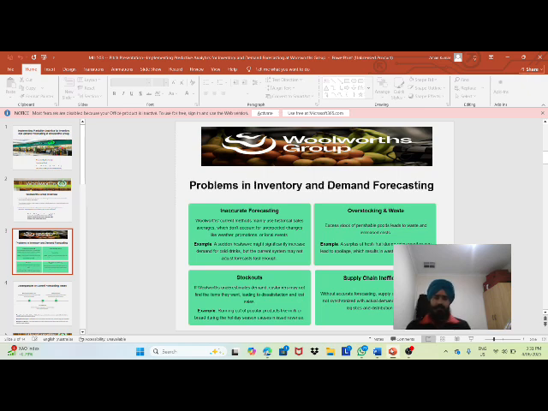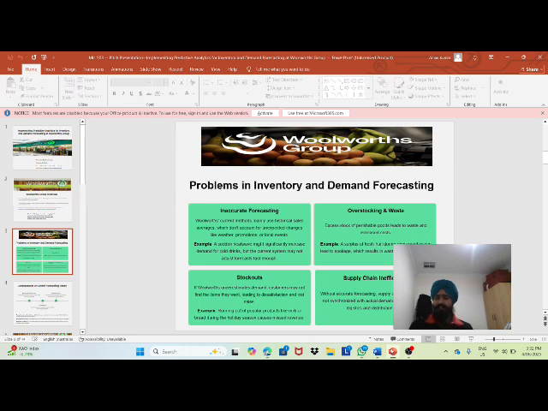Moving forward to stock outs. This relates to situations when there is not sufficient stock for customers, and it leads to dissatisfaction and loss of sales. For example, if products like milk and bread run out during the holiday season, it causes missed revenue.